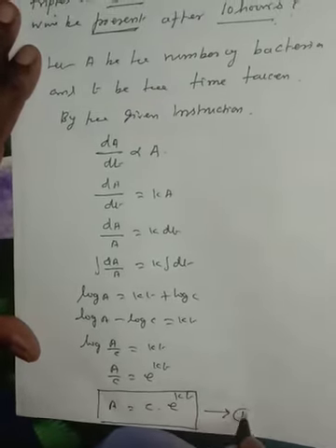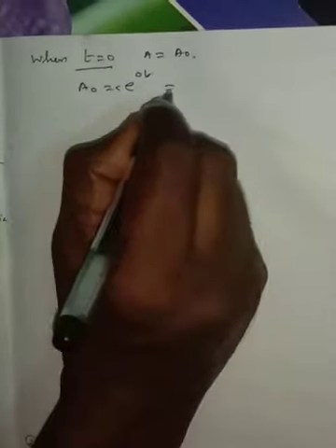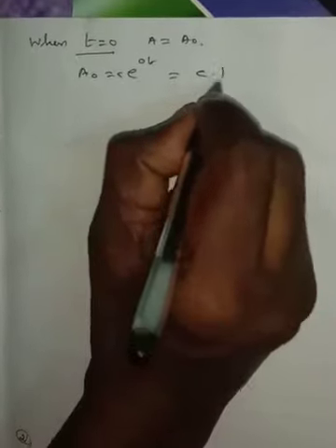Number this as 1. At t is equal to 0, initial stage, time t is equal to 0, A is equal to A naught. Substitute t is equal to 0 and A is equal to A naught in equation number 1. We have A naught is equal to C into e to the power of 0, which is C into 1.